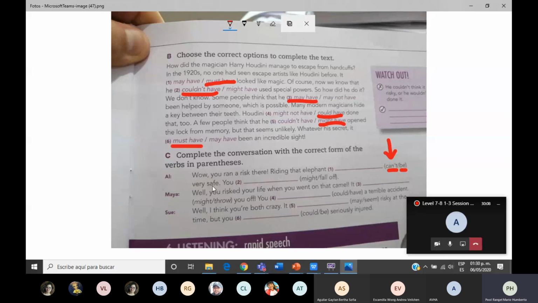So, wow, you ran a risk there. Riding the elephant, very safe. Ya tenemos can't, tenemos be, nada más tenemos que poner la frase completa. Can have been, muy bien.